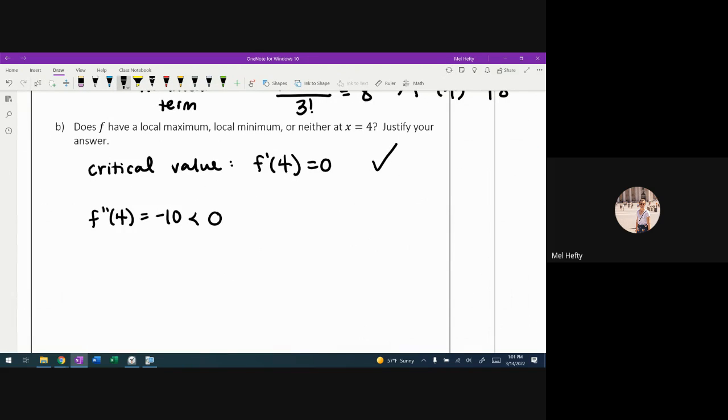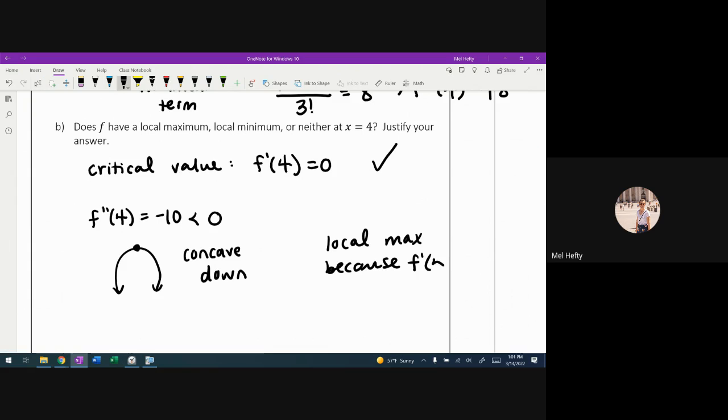What does a negative second derivative normally tell you? Concave down, flat slope. Based on my picture, can you answer the question? Yeah. So we can say local max because f prime of 4 is 0 and f double prime of 4 is less than 0.